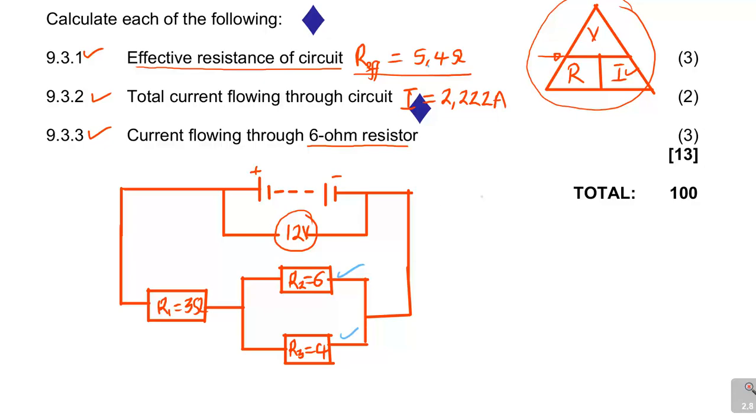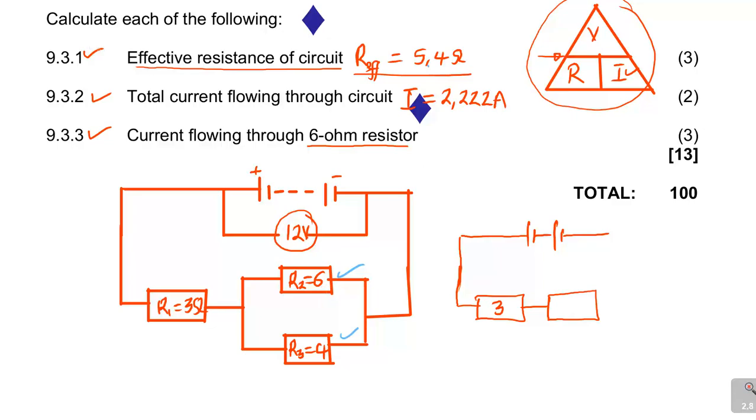Let me work on it from this perspective. Remember, we drew this diagram previously. When calculating the effective resistance, we said this was my R1, which was 3, and the total resistance of the parallel part was, I think, 2,4. Let me quickly use the calculator.